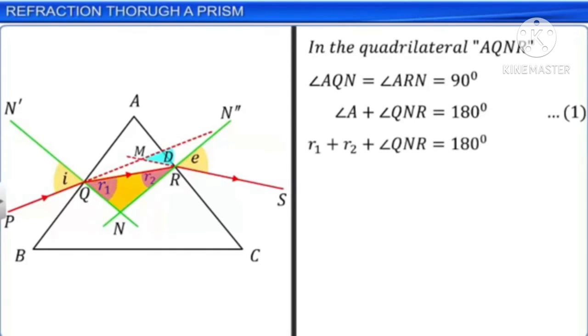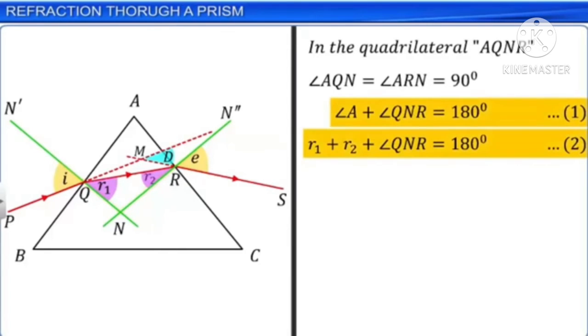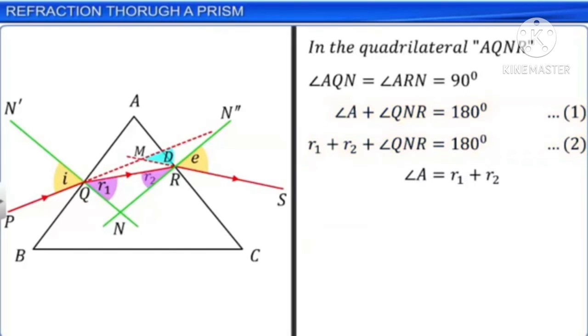Since angle A is the refracting angle of the prism, we can write that refracting angle A is equal to r1 plus r2. Let this be equation 3. In the triangle MQR, angle MQR is equal to i minus r1 and angle MRQ is equal to e minus r2.